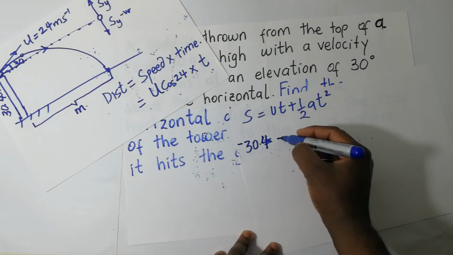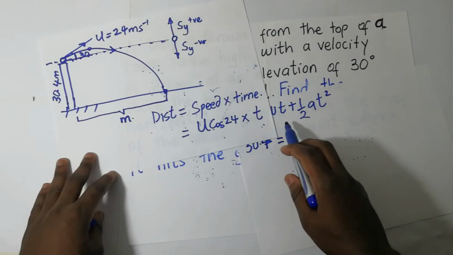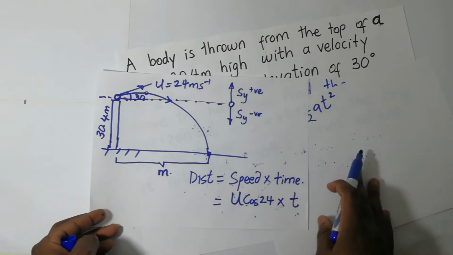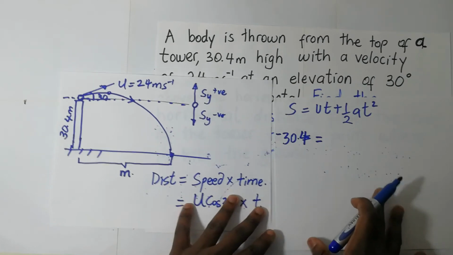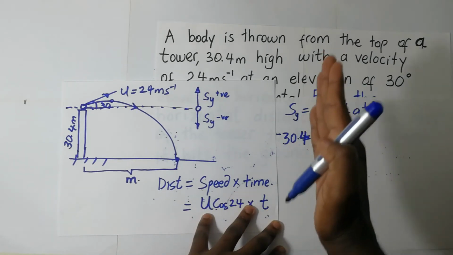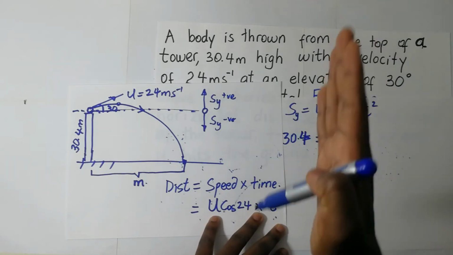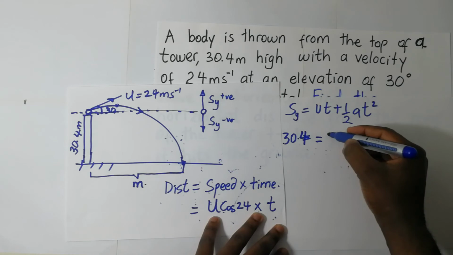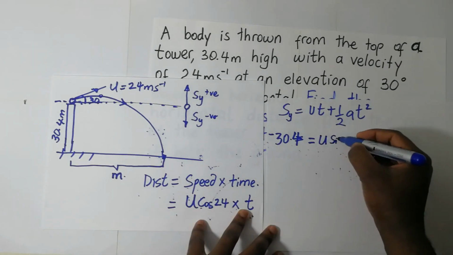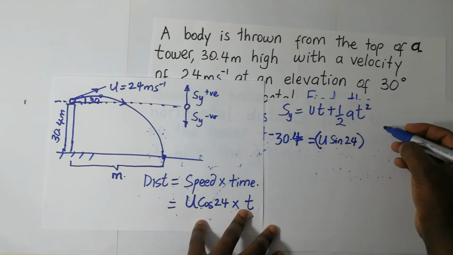So negative 30.4 is given by ut. Now in this case, remember we're doing this from first principles. This is S in the Y direction. So because it is in the Y direction, it means you're supposed to resolve this initial velocity in the Y direction. So it's going to be u sine of 24 times the time.